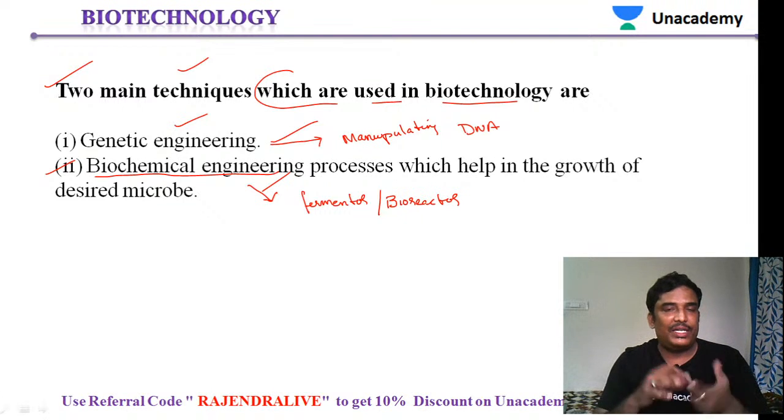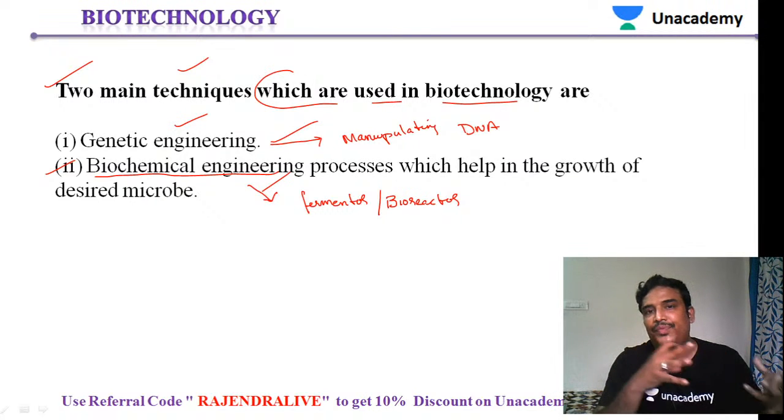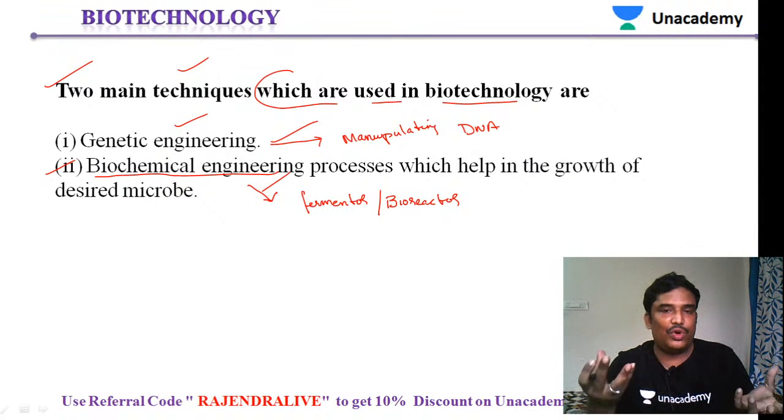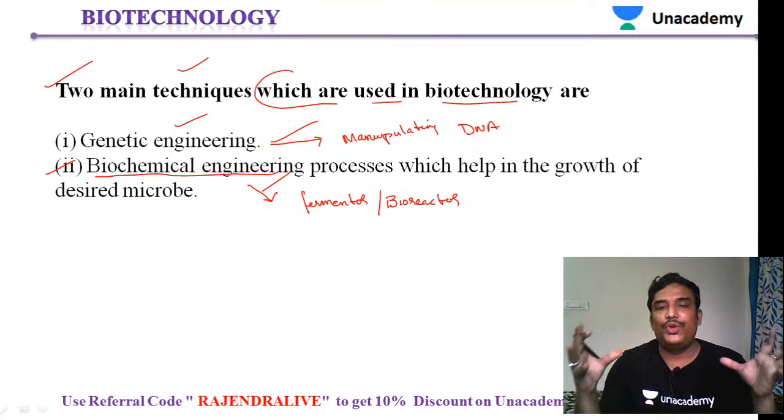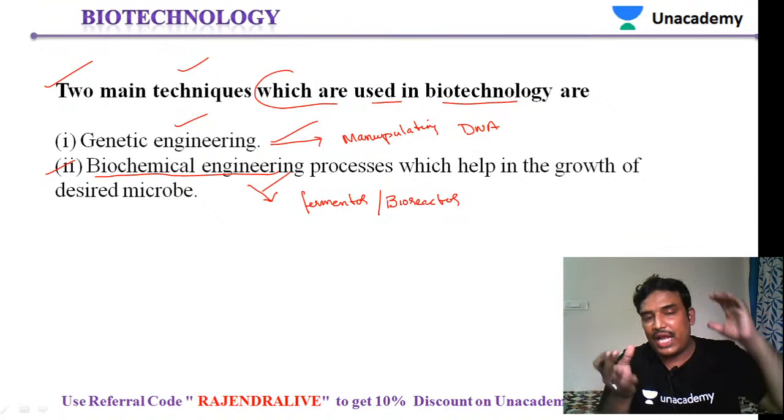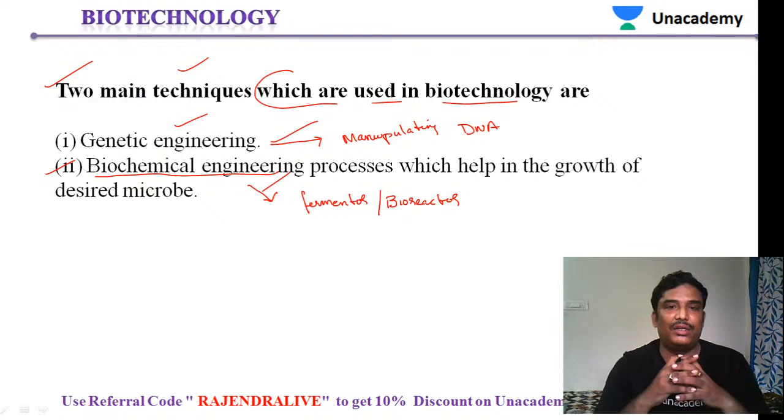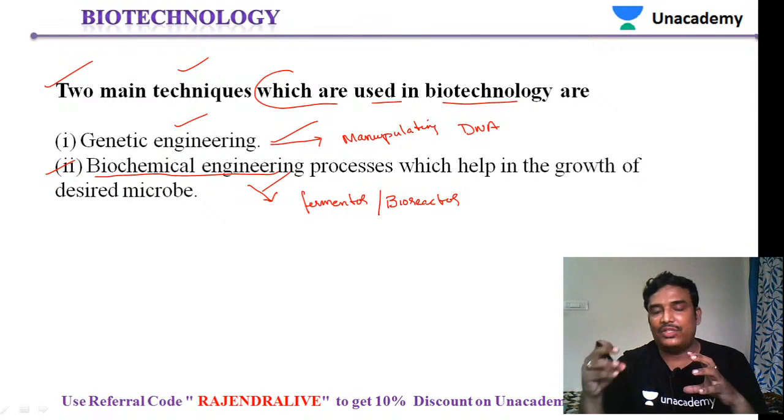Fermenters are for growing the organisms, for example E. coli. E. coli will be grown in huge quantities in a large fermenter or bioreactor. E. coli is acting as a host, and inside E. coli our recombinant DNA molecule is present.